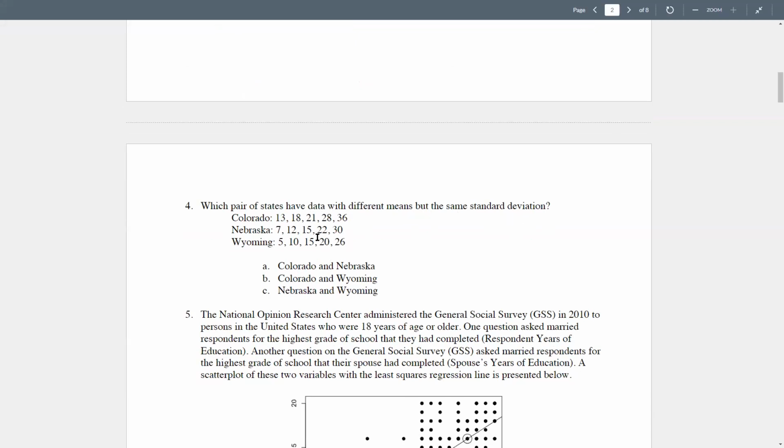So what you need to do now is find the mean and the standard deviation for each one of them. You can use the TI-84 to find the answer, or you can use StatCrunch. Okay. So we want to know which have the same standard deviation but different means.